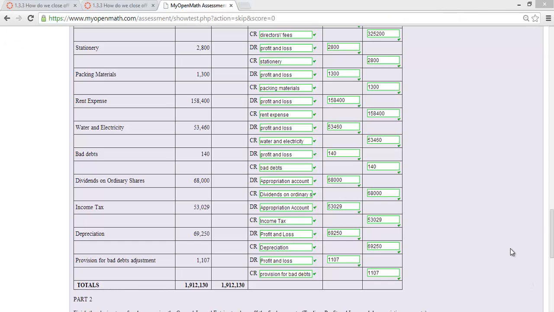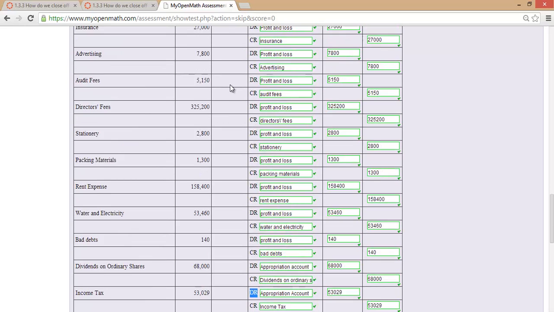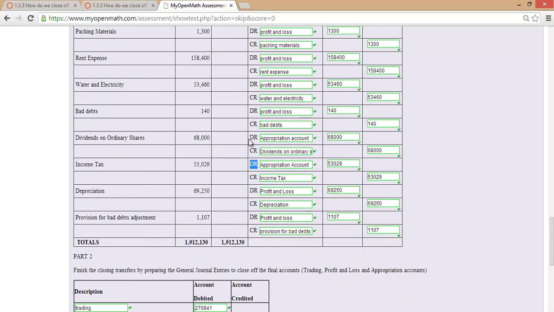Good. Right, so we will do exactly the same thing for my income tax, which I'll close off to appropriation account by crediting the income tax and debiting the appropriation account. And once we've done that, we've effectively closed off all the incomes and the expenses to the final accounts.